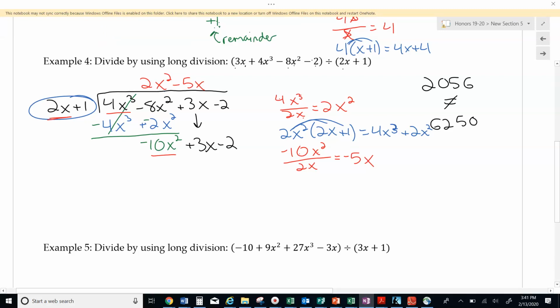Multiply. Right, so I'm going to take this negative 5x, and multiply it by this whole thing of 2x plus 1. I have negative 10x squared minus 5x.